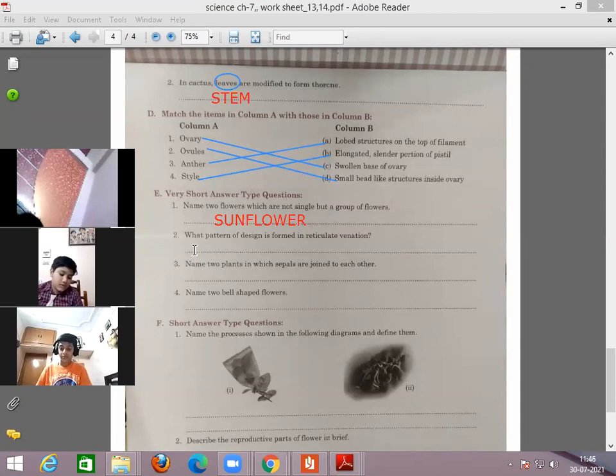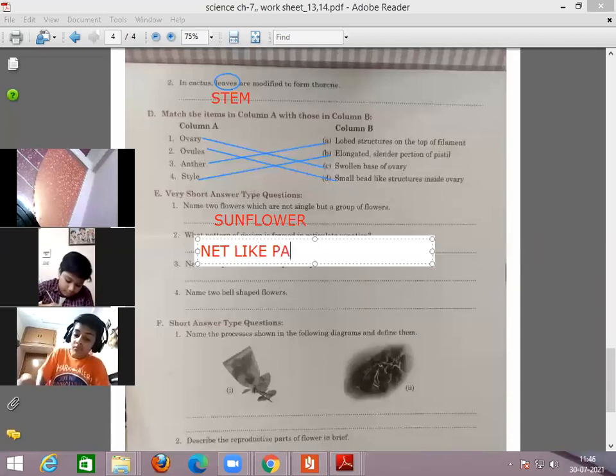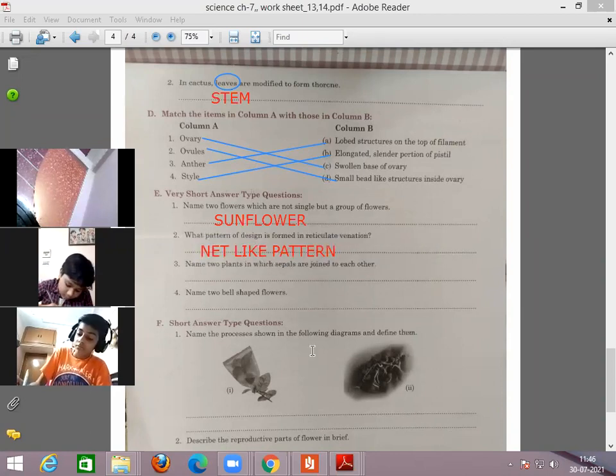So what type of pattern is formed? Ma'am, net-like. Yes, very good. Net-like pattern.